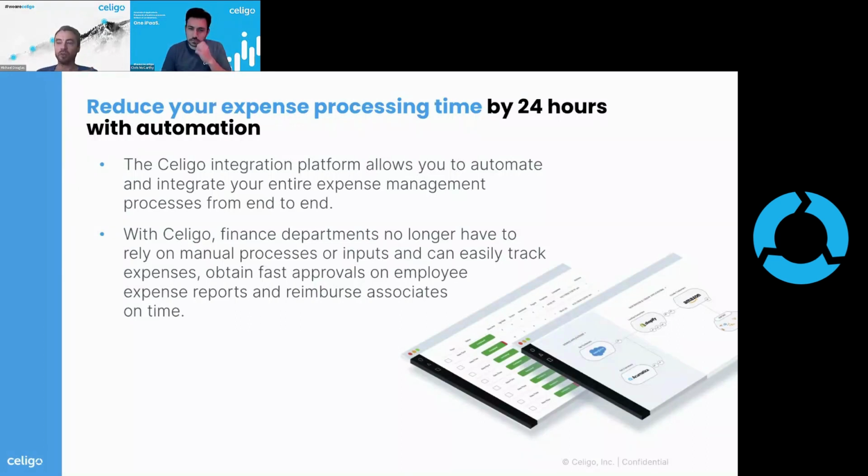And with Celigo, finance departments don't have to rely on manual processes or inputs anymore, and they can easily track those expenses. They can obtain faster approvals for employee expense reports and reimburse associates on time, right?